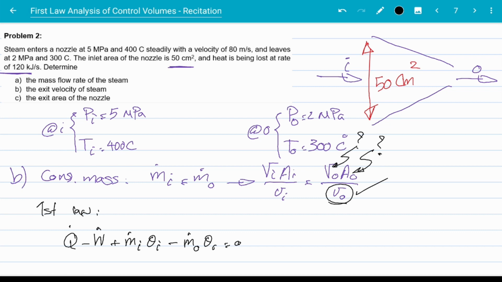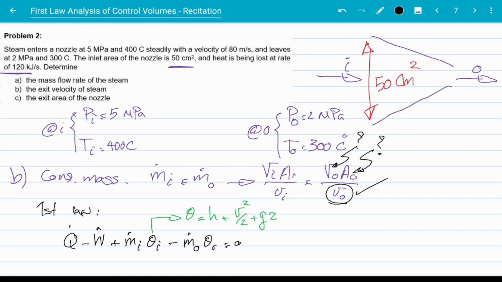The right-hand side of this equation is 0 because we are talking about steady state flow. Theta, or the energy of a moving fluid, just to refresh your minds, is the enthalpy plus kinetic energy plus potential energy of the fluid.